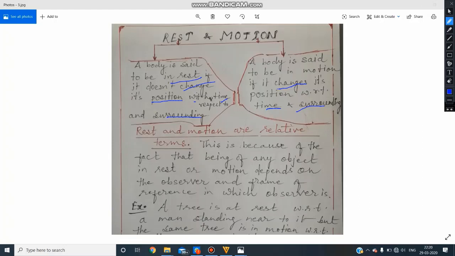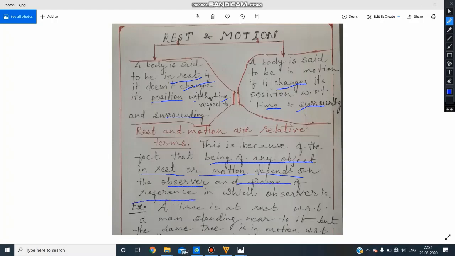Now, another important point is that rest and motion are relative terms. This is due to the fact that whether an object is at rest or in motion depends on who the observer is and the observer's frame of reference.